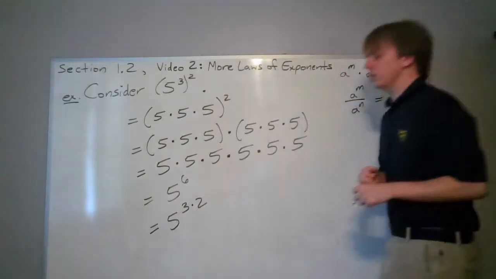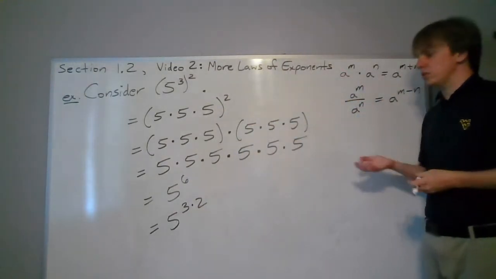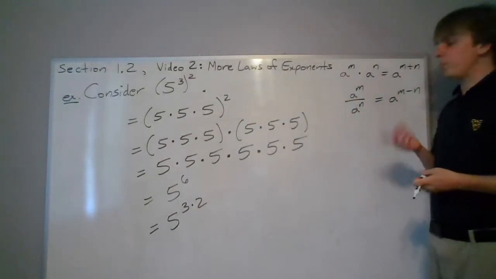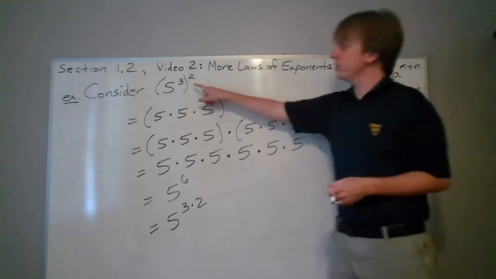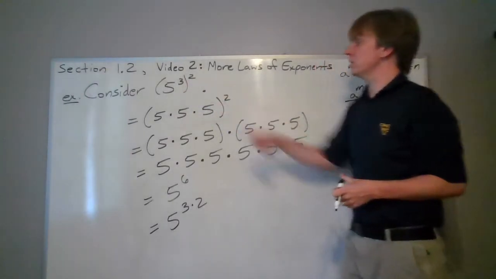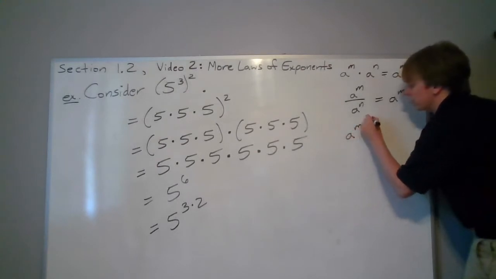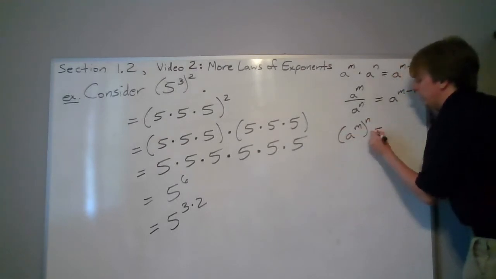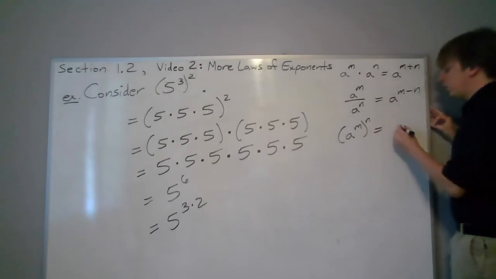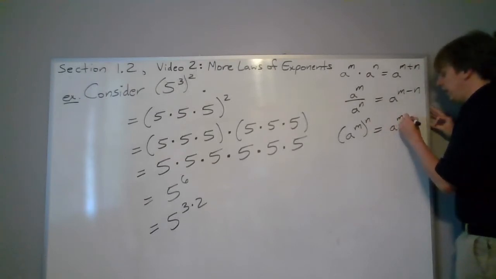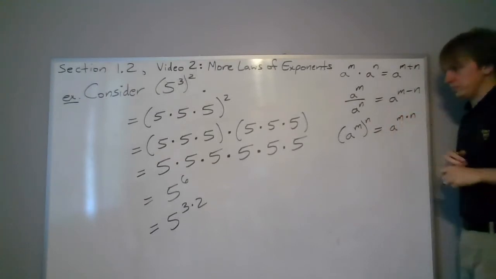So apparently this is our next rule of exponents, or next law of exponents. If we have a power of a power, apparently what we're going to have to do is multiply the 2 exponents together. So writing it as a formula, a to the m to the n power is going to be a to the m times n.